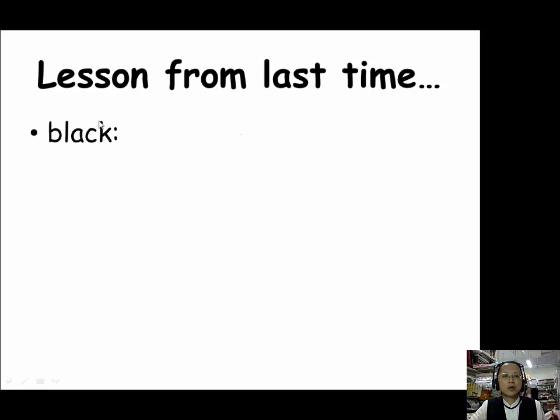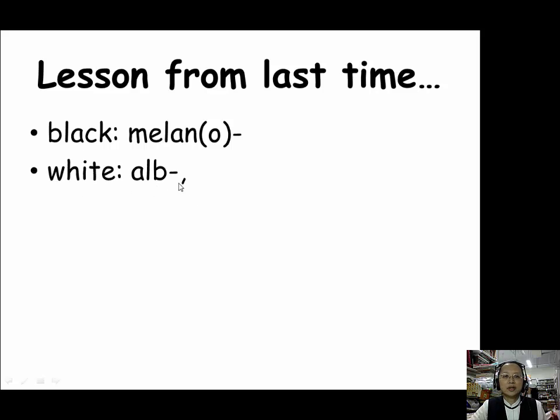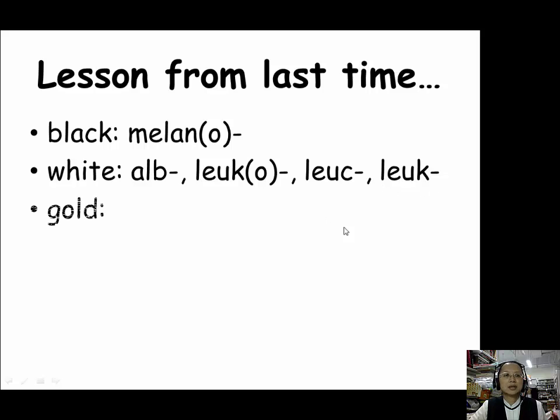For prefix describing black, we've learned melano, M-E-L-A-N-O. And about white, the prefix is A-L-B, L-E-U-K-O, L-E-U-C, and L-E-U-K.